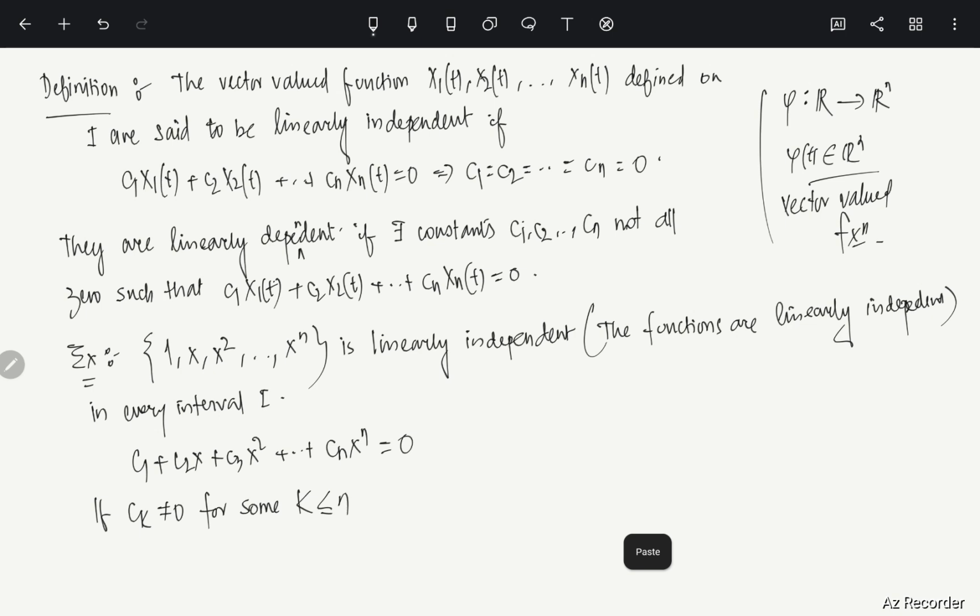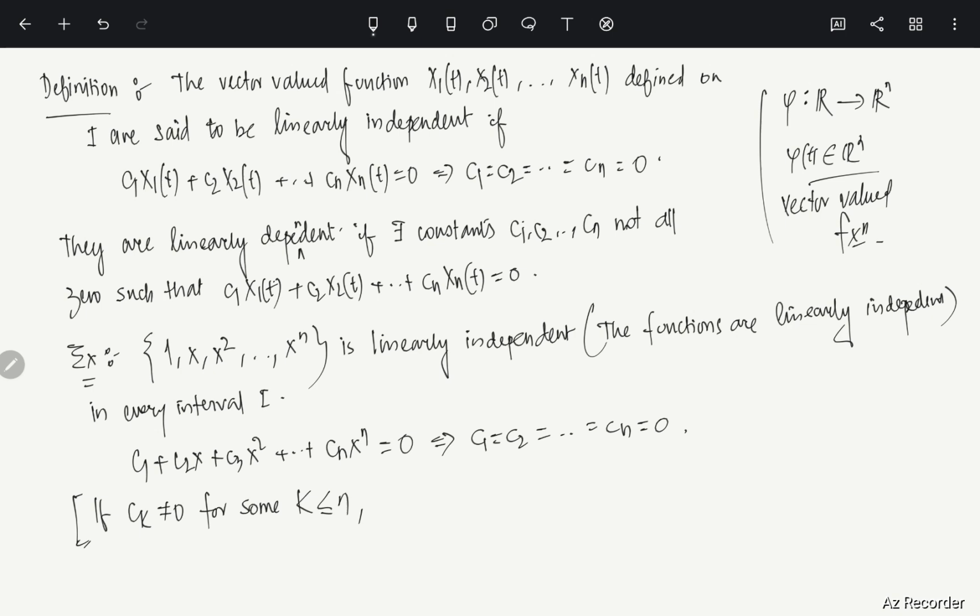So basically, to show it is linearly independent, this should imply c1 equals c2 equals ... equals cn equals 0. If this is not the case, then at least one of the ck's has to be non-zero, and then this equation could hold for only finitely many values of x, right?